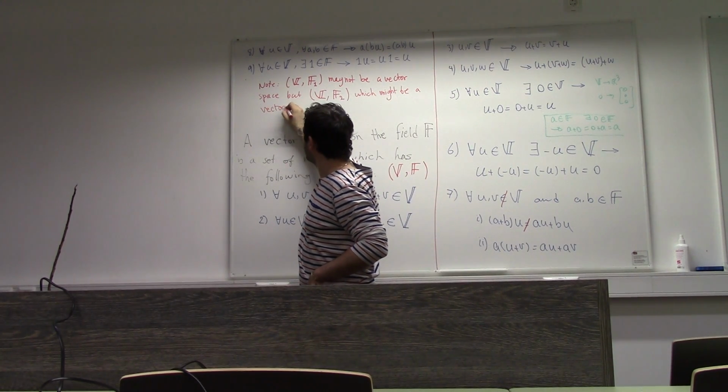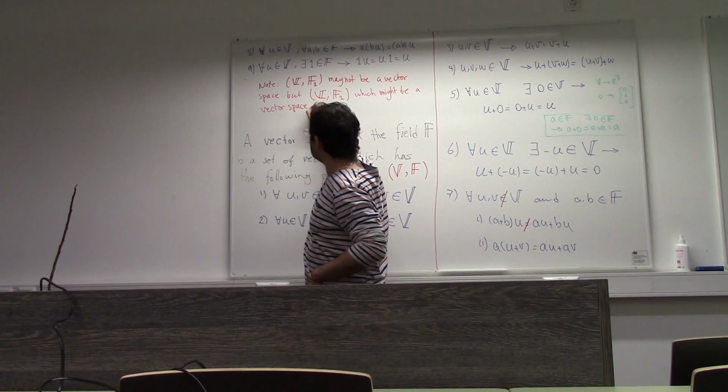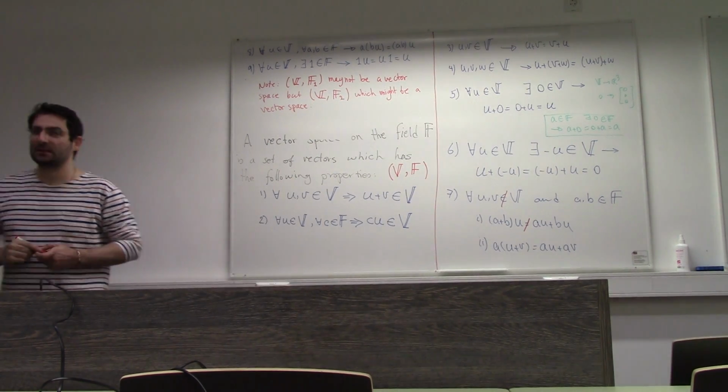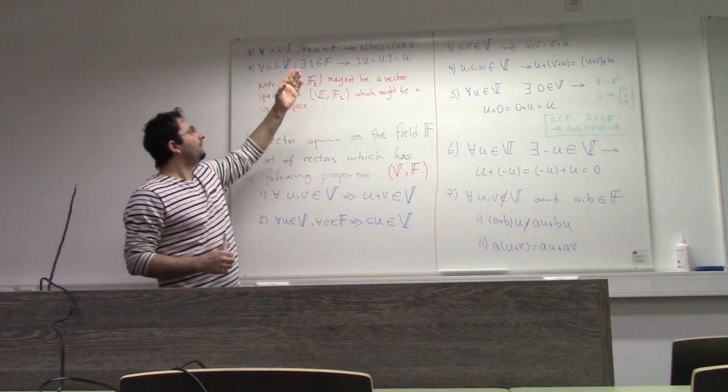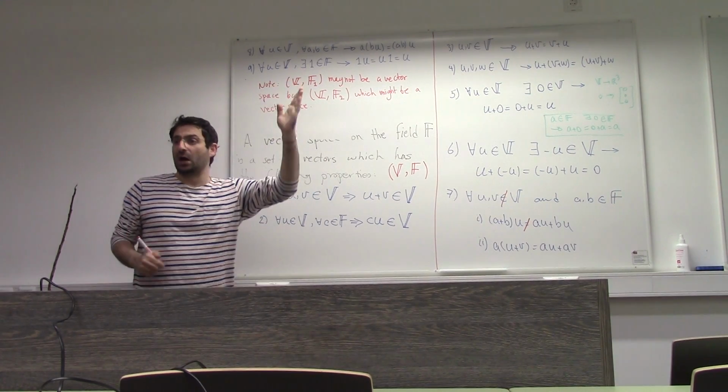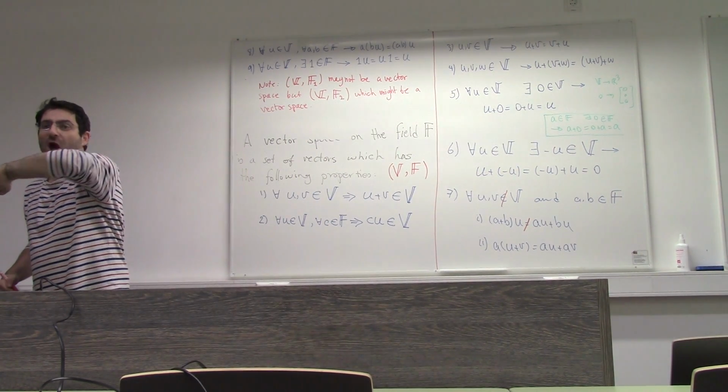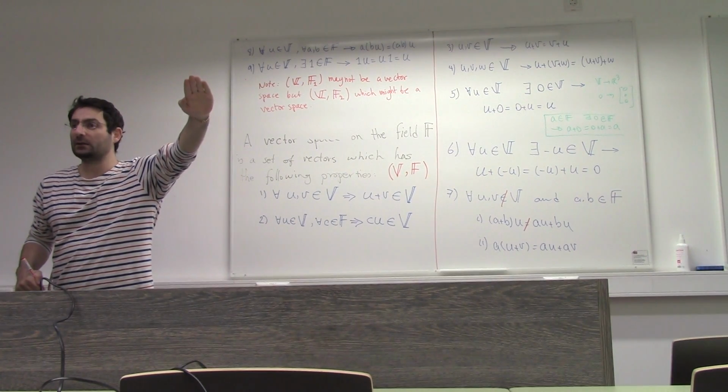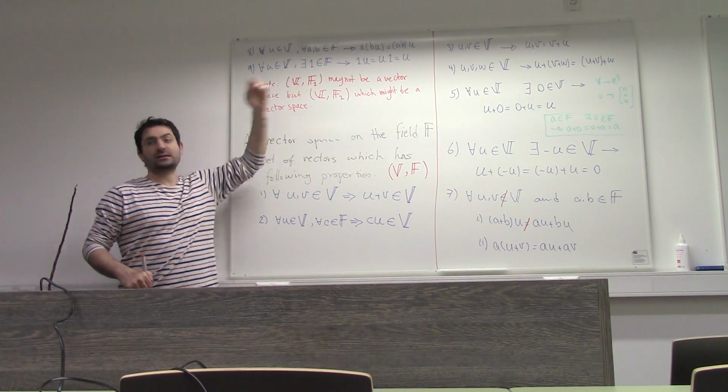Is there an example of that? A very simple example is when, let's say, V is restricting us to a Cartesian xy plane, and F1 is the complex numbers.